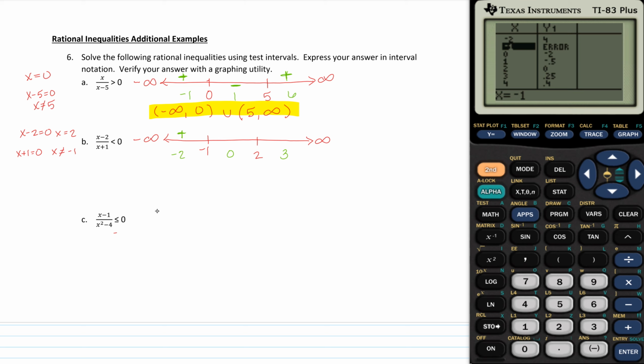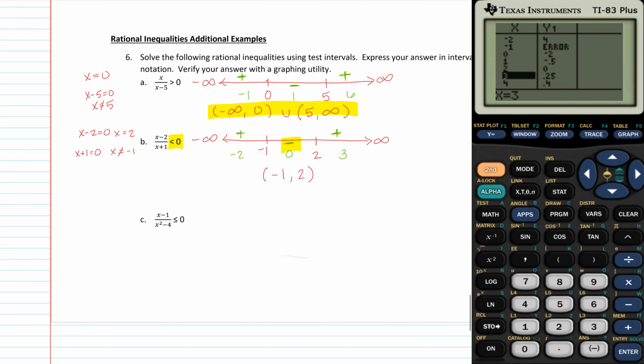I get a negative. Check my 3. I get a positive. Now again, it's saying less than 0, meaning all I care about are the negative intervals. And I know that it cannot include negative 1, so that's going to be a parentheses, negative 1 to 2. Another parentheses because of the less than 0.